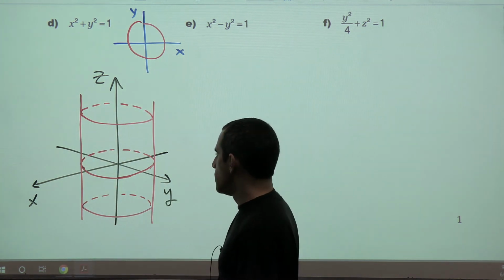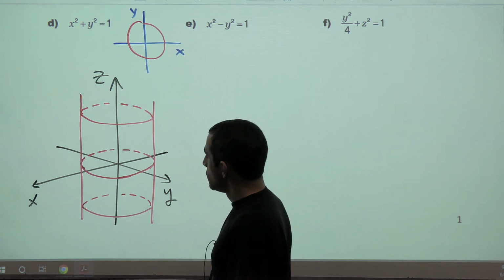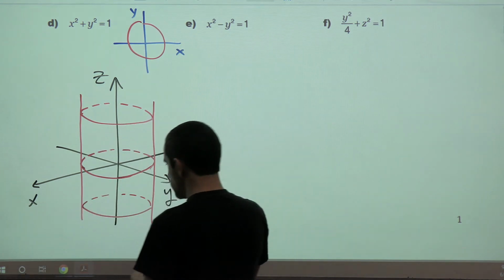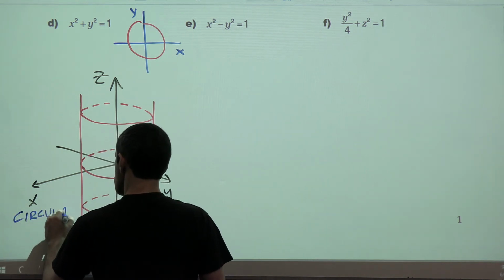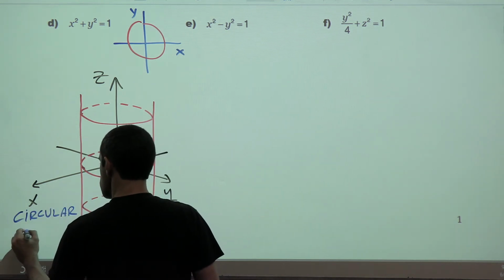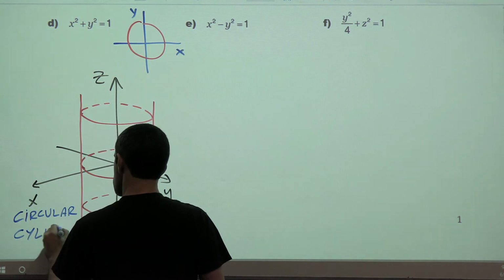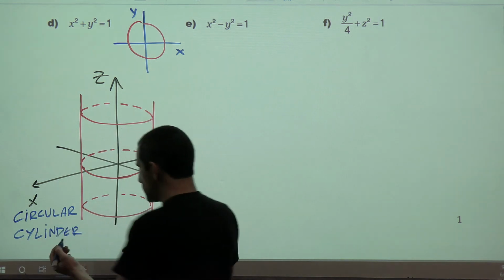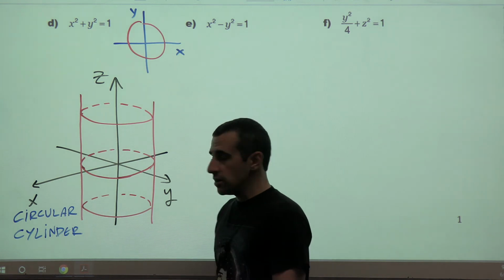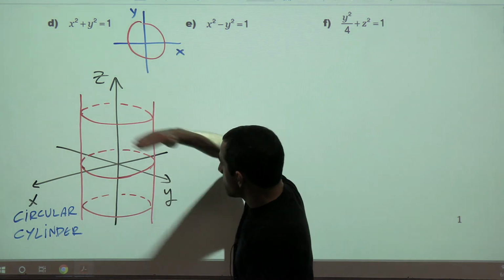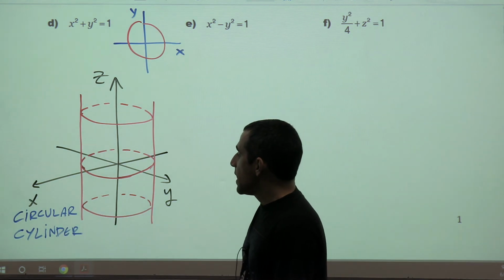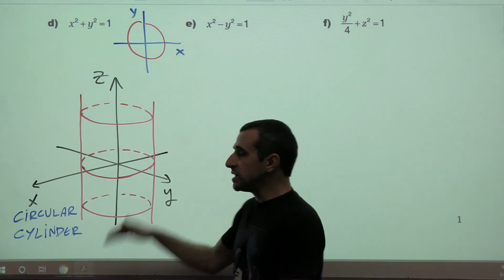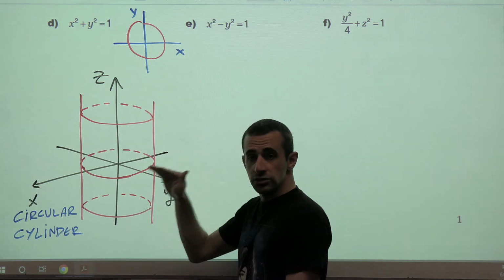That's optional, but it makes the picture look a little bit better. So this is called a circular cylinder. This is what people normally call a cylinder. It's a cylinder because all the cross sections are the same in the direction perpendicular to z. And it's called a circular cylinder because those cross sections are now honest to goodness circles.